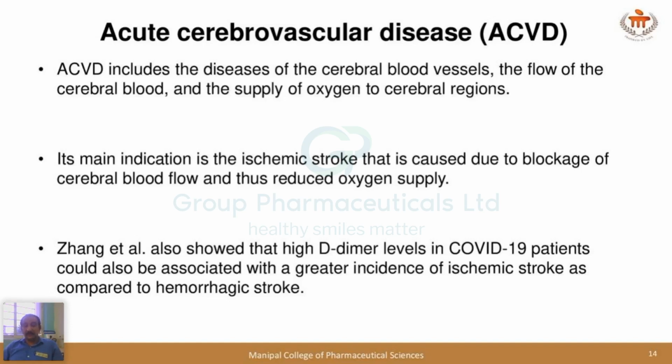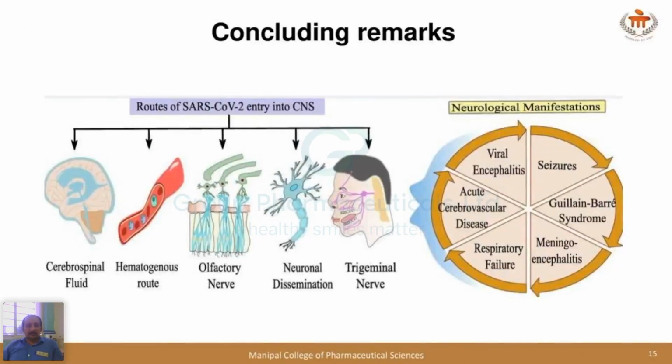So these are some of the neurological disorders which point towards the effect of the SARS-CoV-2 virus in the CNS, ranging from seizures, Guillain-Barré syndrome, acute cerebrovascular disease, meningitis, meningoencephalitis, as well as encephalitis.